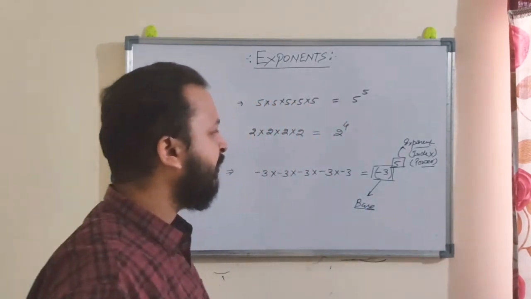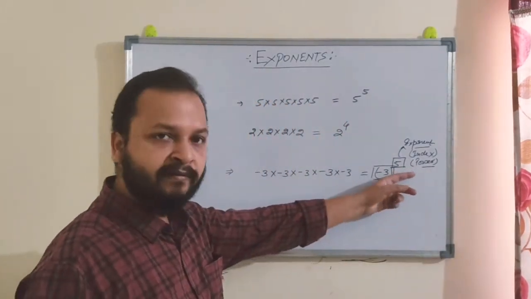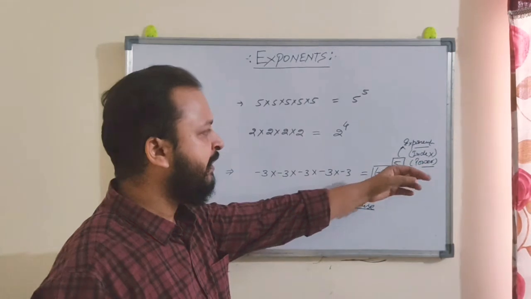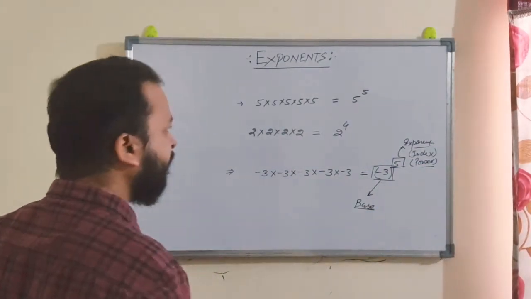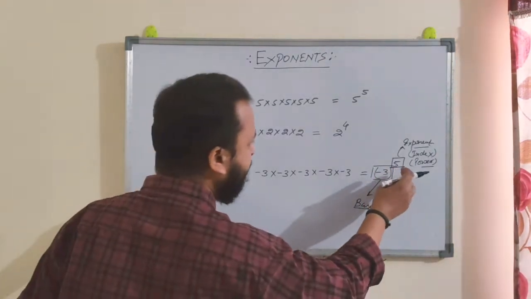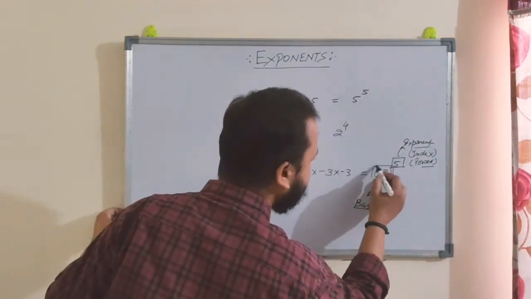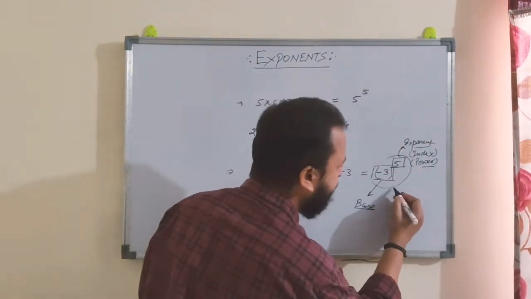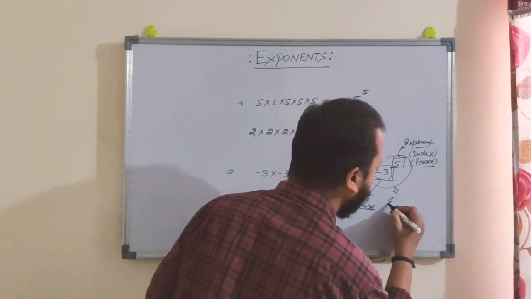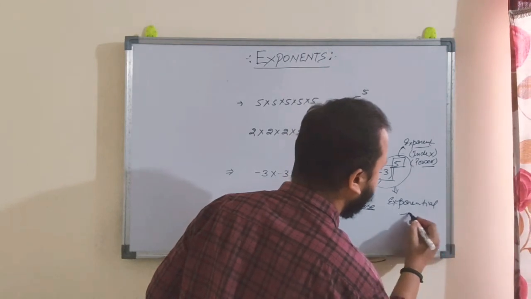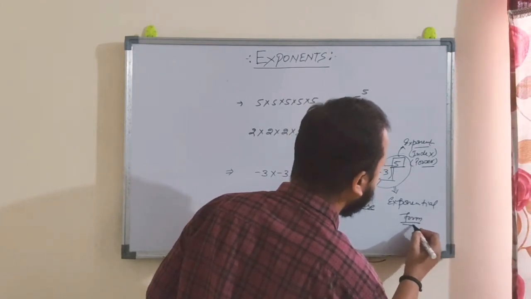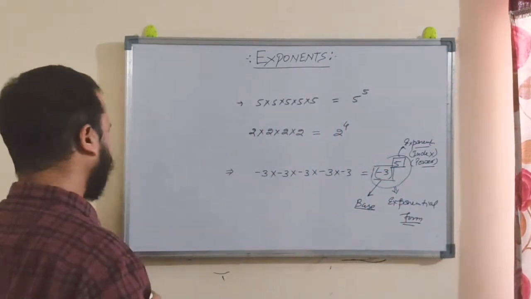So it has 3 names, right? Exponent, index and power. And one more thing, if any number is written in this form, it is known as exponential form. So this is known as exponential form.